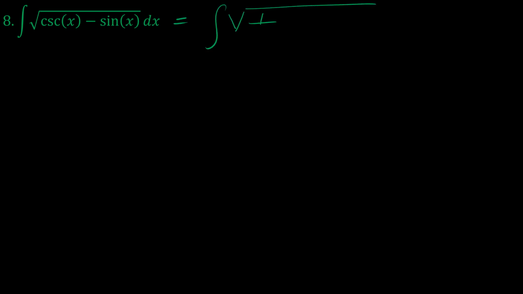So problem 8, which is the integral of the square root of cosecant of x minus sine x. This is certainly interesting. So I think the first thing to do here is to simplify cosecant x as 1 over sine x minus sine x.